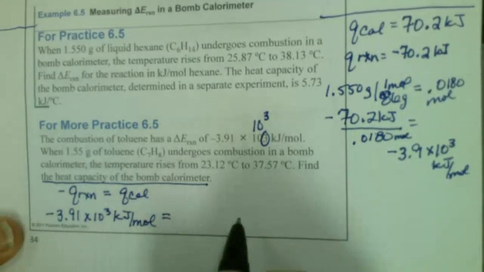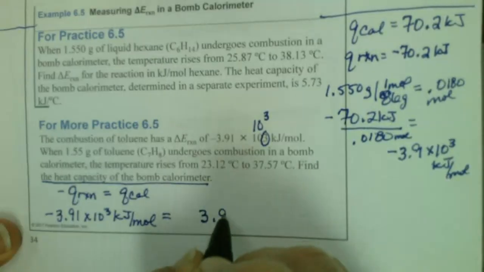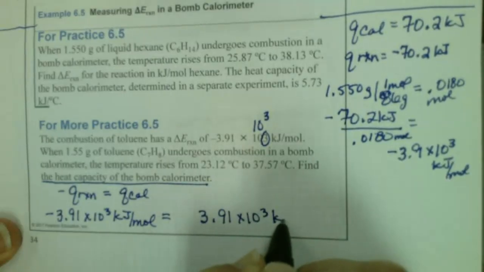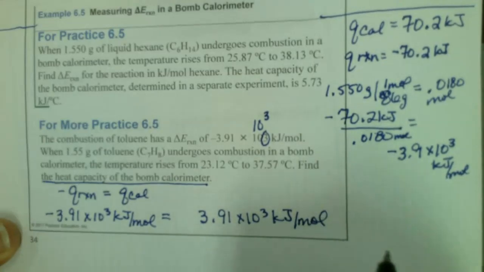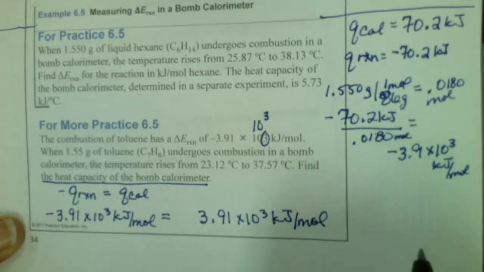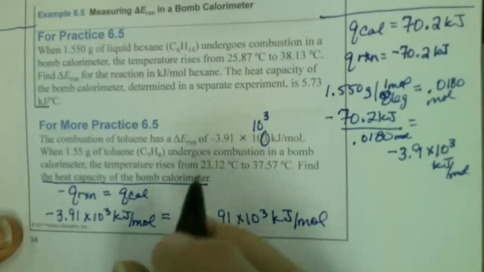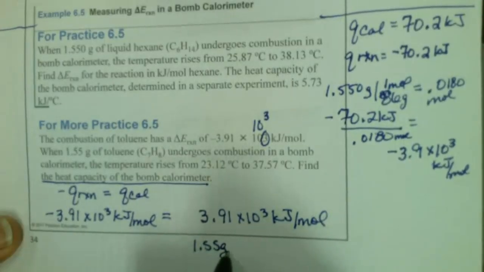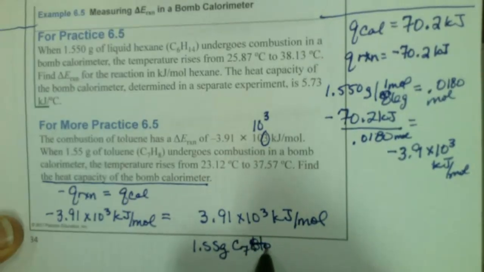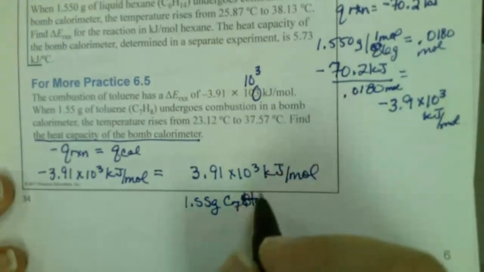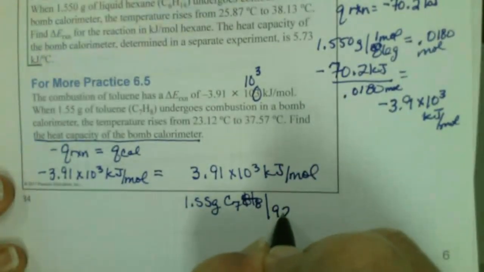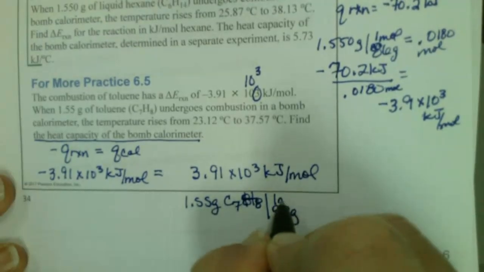So the heat that the calorimeter took in is 3.91 times 10 to the third kilojoules per mole. Well, from that, we can figure out what that is per gram. We know that there's 1.55 grams of toluene in the reaction, and there's 92 grams in 1 mole.